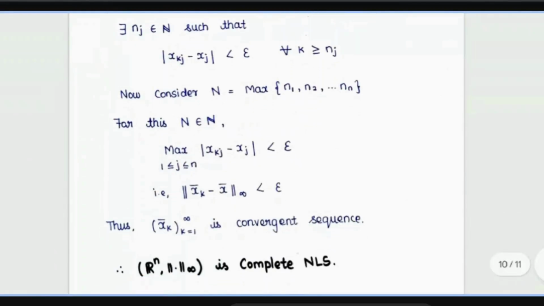Hence we prove that x_k bar is a convergent sequence, so x bar is the limit point of x_k bar.